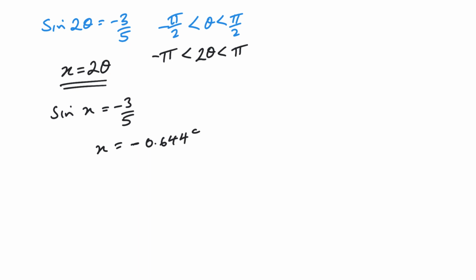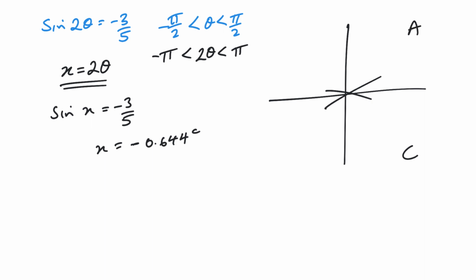And of course I will store this in my calculator, or certainly store the positive version, for use. So thinking of my cast rule, here is my cast. My 0.644 will be there, and we want to go from minus 180 round to plus 180.